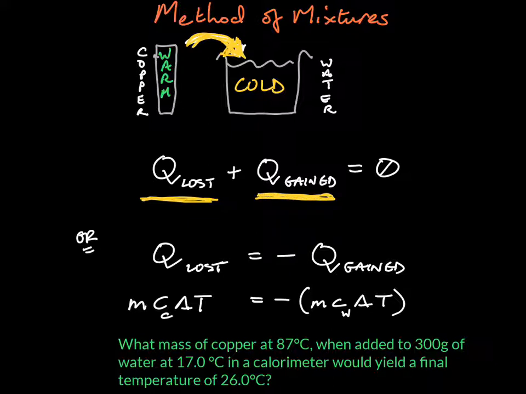Now, what you would notice is that, for example, if the copper started with a temperature of 100 degrees Celsius and the water was 10 degrees Celsius, for the first couple of minutes, if you had a way of measuring it, the temperature value would actually be somewhere in between that. So it might be 40 or 50.